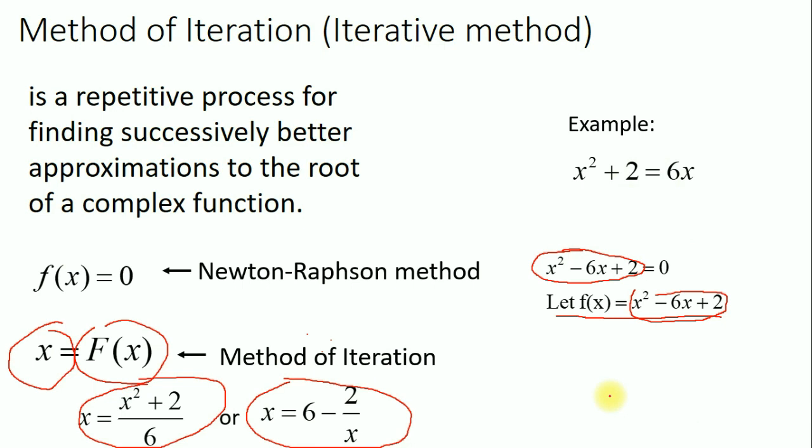Or I can also rearrange it into this form: x equals square root of 6x minus 2. How do I get this? By minus 2 on both sides, then I square root both sides.